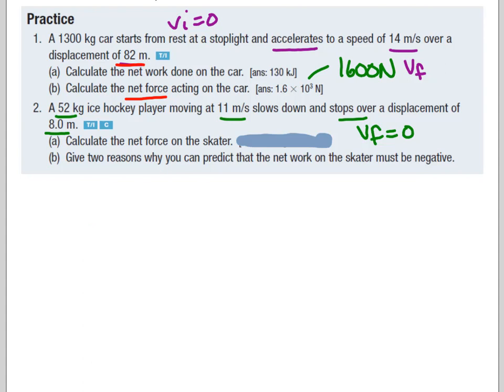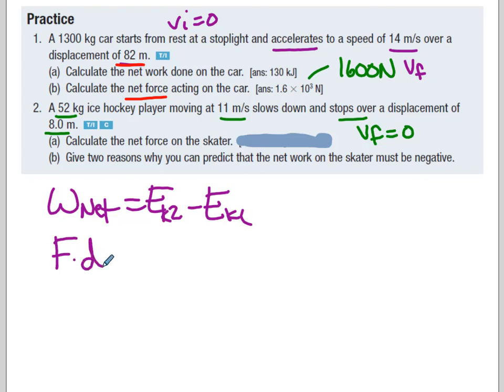We'll start with the net work done, which is EK2 minus EK1, and then work net is force times displacement. My EK2 is 0 because he slows down and stops. That was my final velocity. My EK1 is 1/2 mass times velocity 1 squared, and now I just have to punch in some of the numbers. We have a displacement of 8 meters.